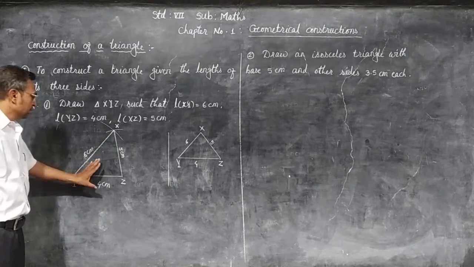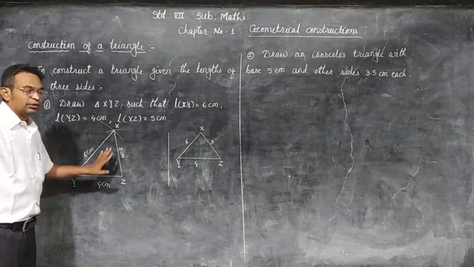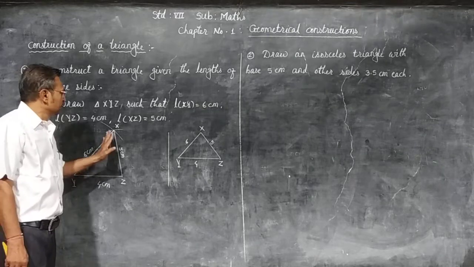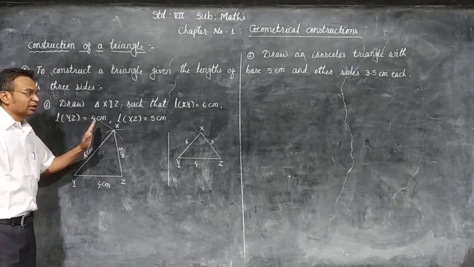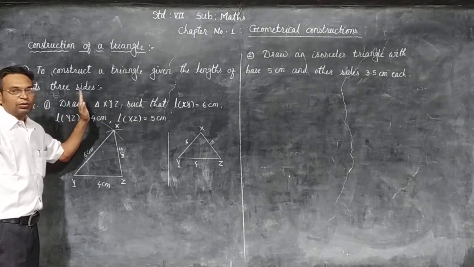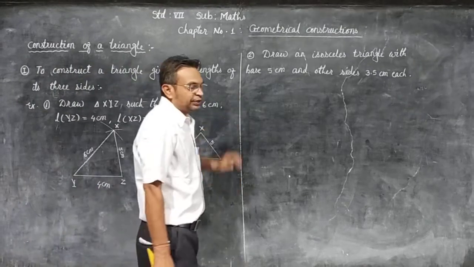We get the triangle XYZ. Follow this whole process and repeat again to draw a triangle when all the lengths of sides are given.